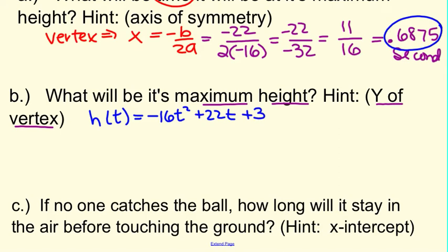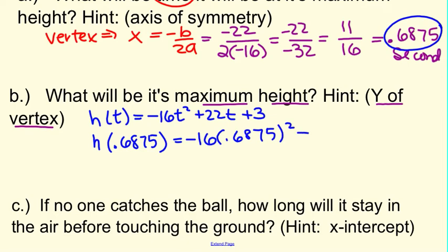We want to find the maximum height. So we found the maximum x value, which is the time, of 0.6875 of a second. Substitute that in for t. And now you do PEMDAS.